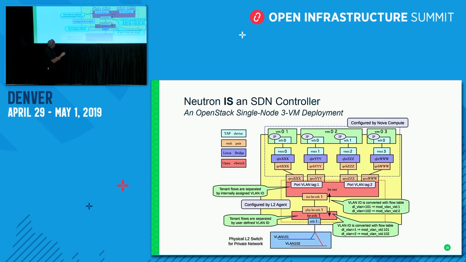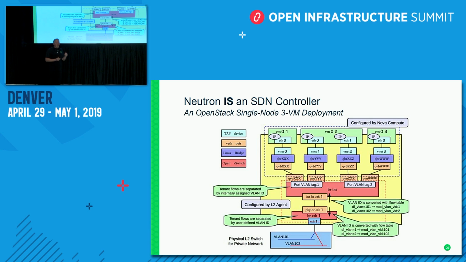You've got some bridges for technical reasons, because Linux Bridge still does some things that Open vSwitch doesn't do quite as well yet. You've got another bridge, which is your internal bridge that links all of these together, and you've got a bridge that links that bridge together with the physical NIC inside the box, and those are exposed via VLANs. This is what Neutron does for you.